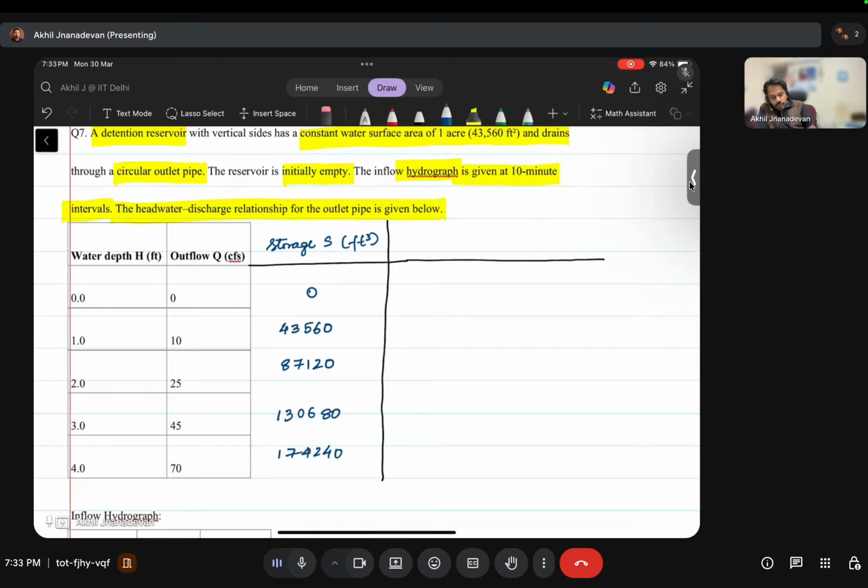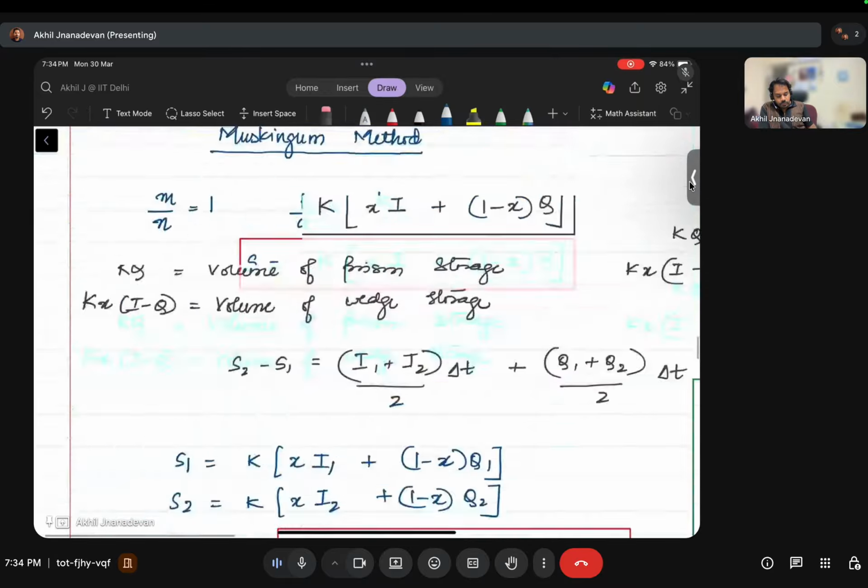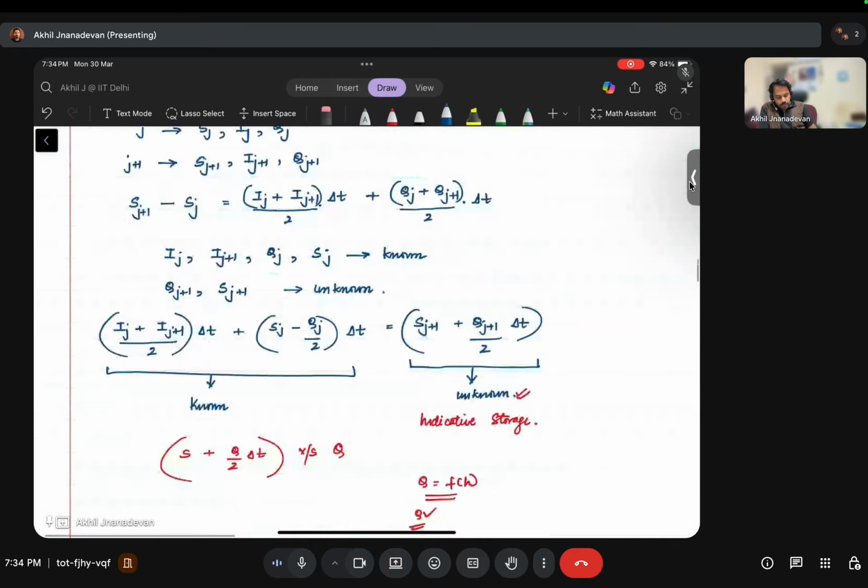Now we need to plot a particular function with q. We have the q with us. For each q we need to plot S plus q by 2 delta t, that we already saw. This unknown term's relationship we need to find with q.